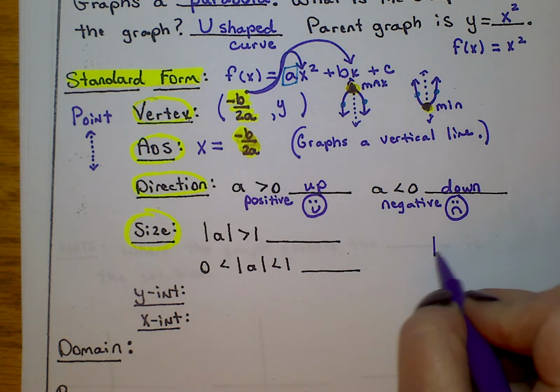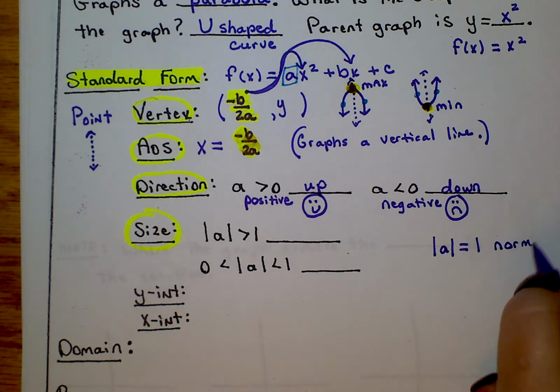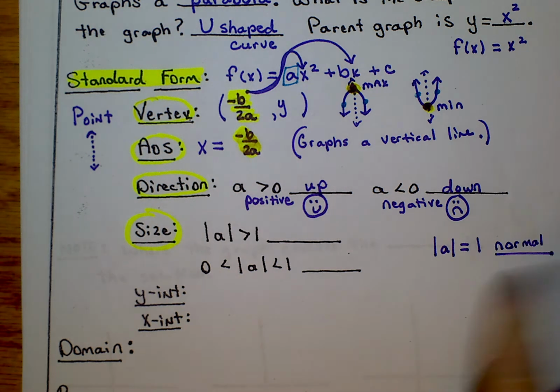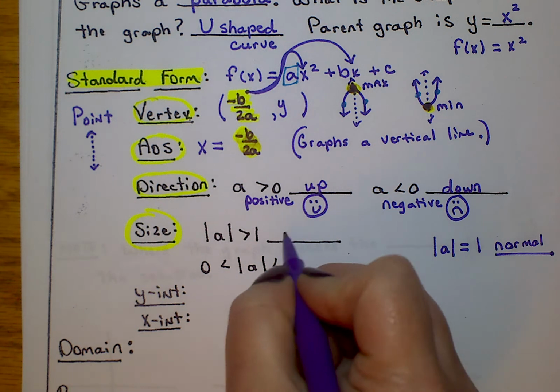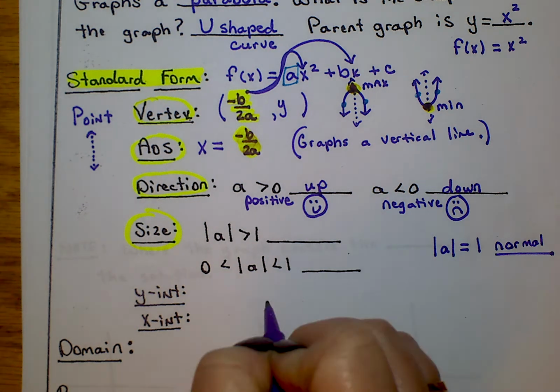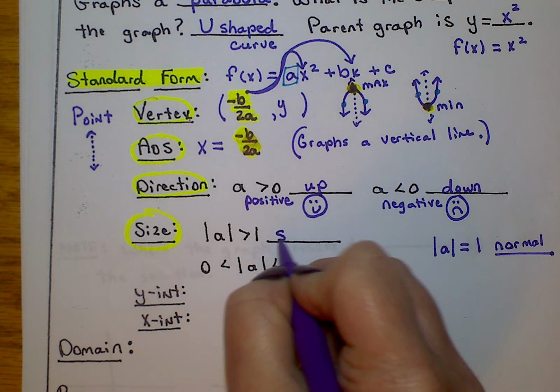So if you have A just equaling 1, the size is going to be normal. And you want to take the absolute value of what that A is. If A is bigger than 1, remember it's going to go up more. So if you were going up 5 and running 1, it would make it skinny.